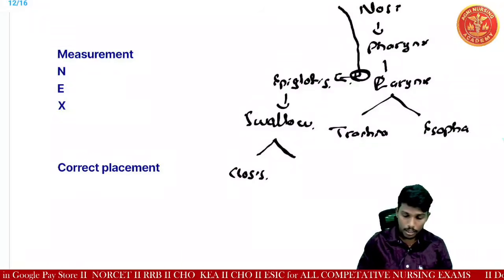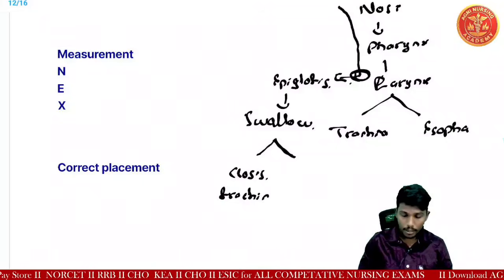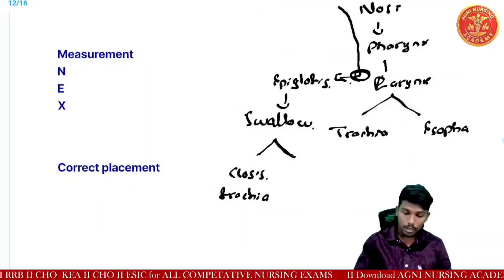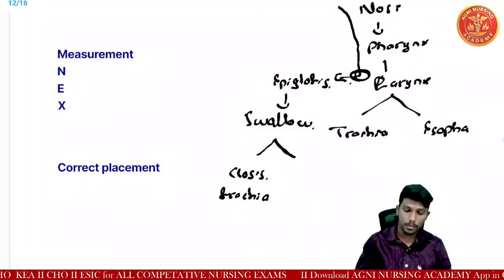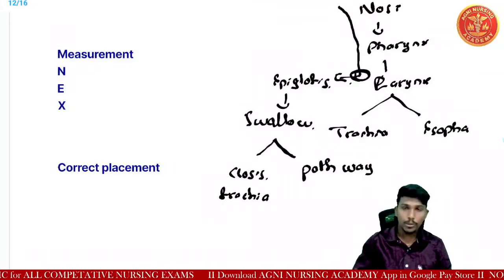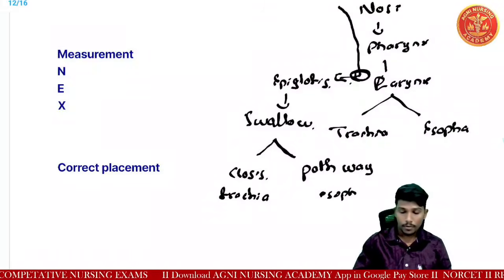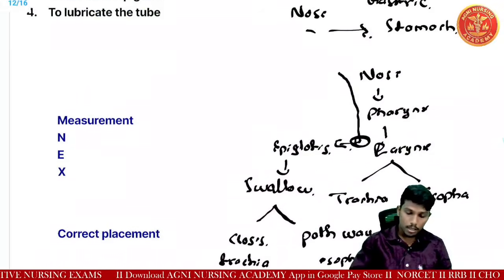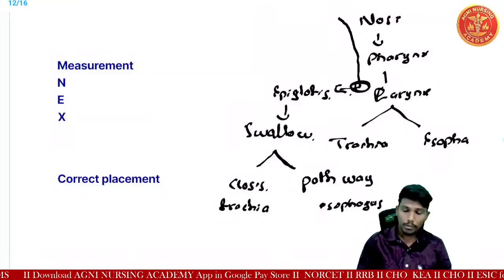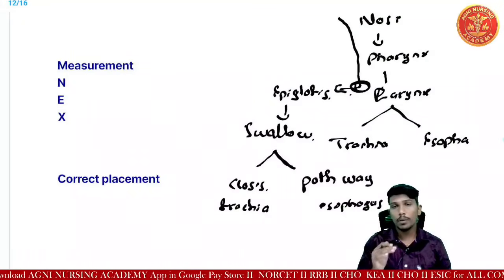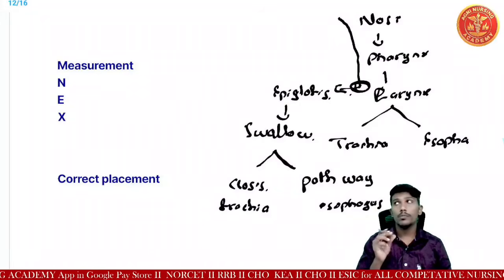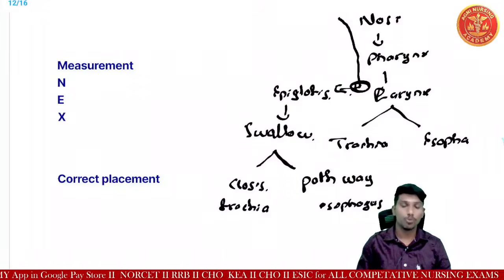It closes the trachea, and then it makes the pathway to go into the esophagus, the pathway for the NG tube. This is the answer to this question: swallowing closes the trachea by the epiglottis, and swallowing also helps the NG tube to enter into the esophagus.